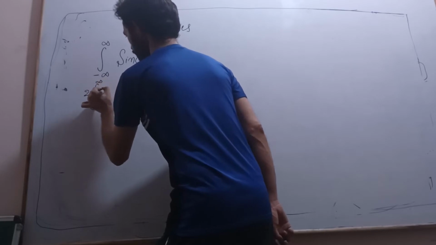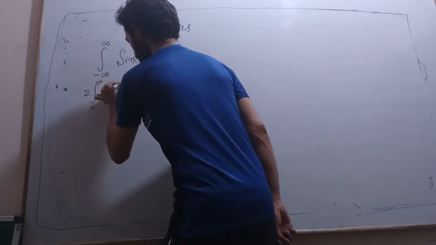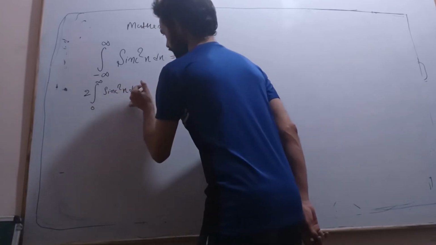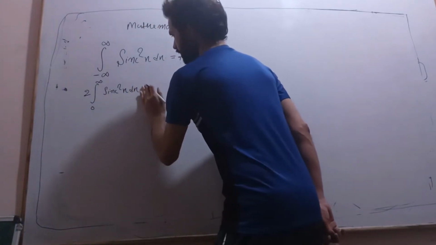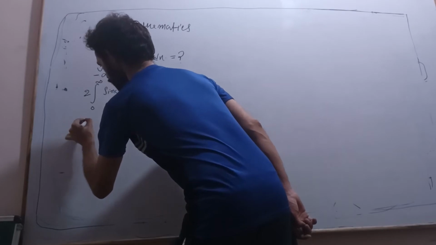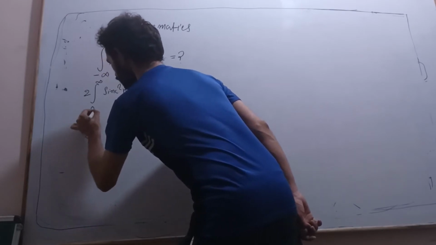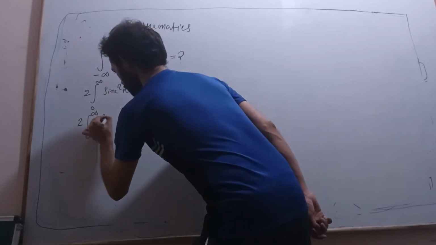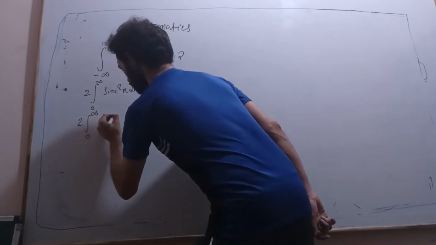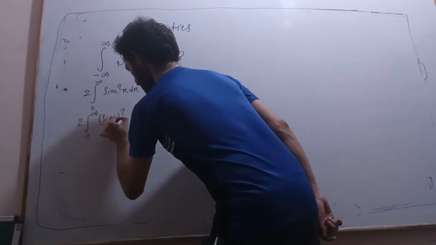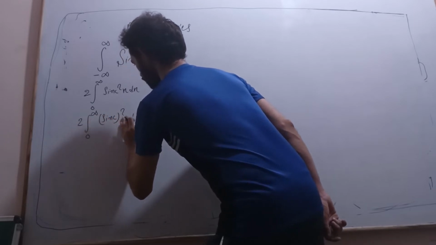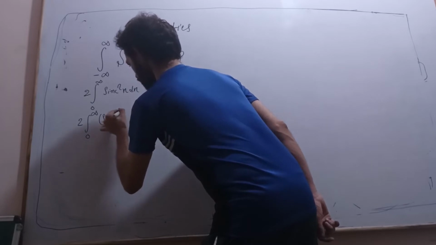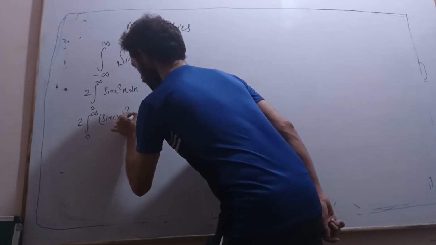So this is my Sinc square x dx, which we can further write as two times the integration from 0 to infinity of Sinc x whole square dx.